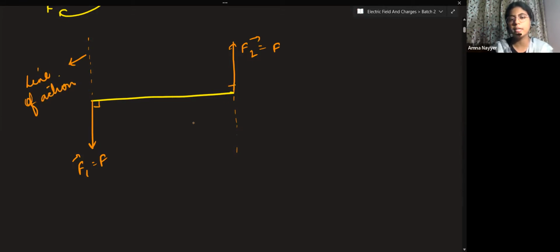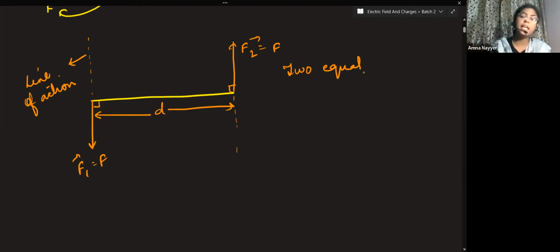These forces are perpendicular to the line. Let's say the separation between them is small t. All right. So if two forces are equal and opposite, meaning opposite in direction, two equal and opposite forces.